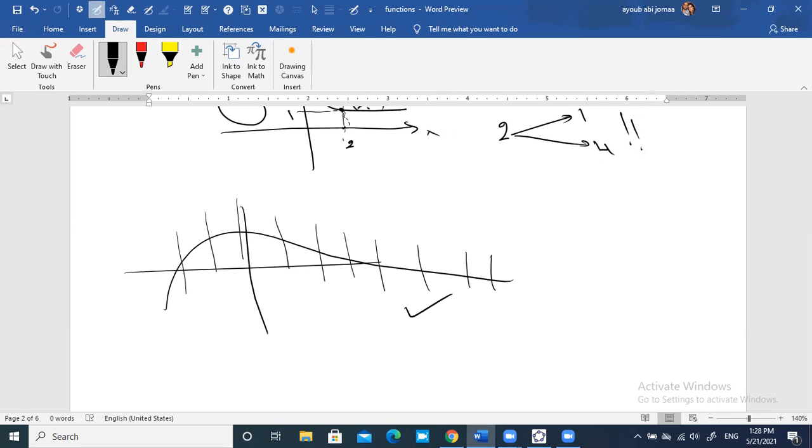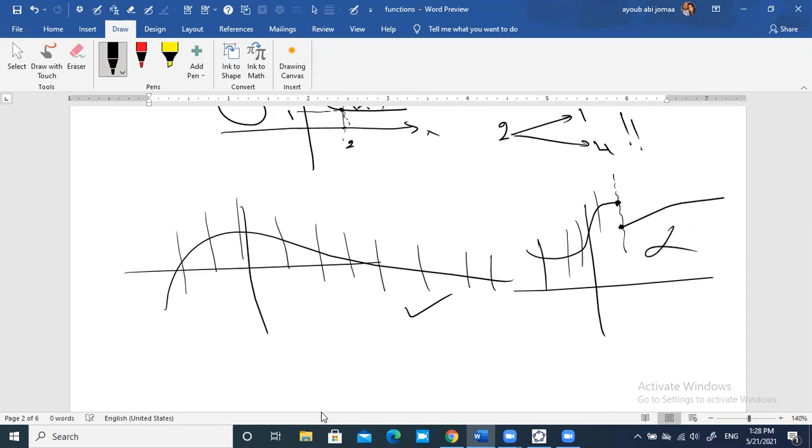So it is a graph of a function. بينما هاي مثلا, this is not a graph of a function لأنه هاي 1 point بس هون عندي 2 points. So it is not a graph of a function.